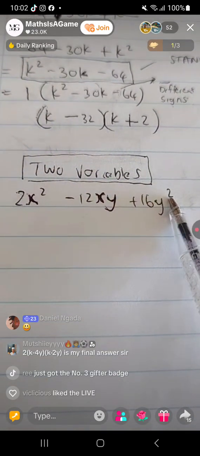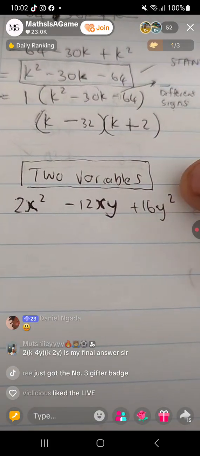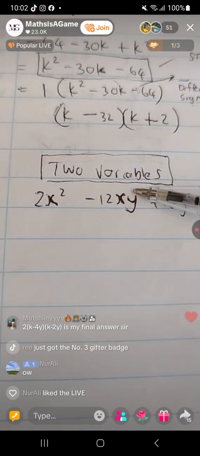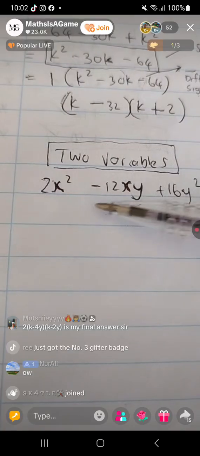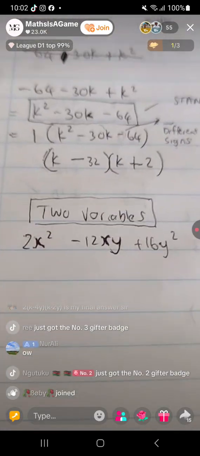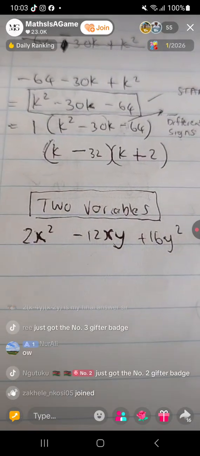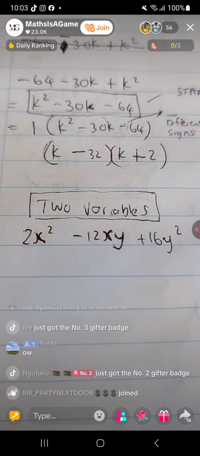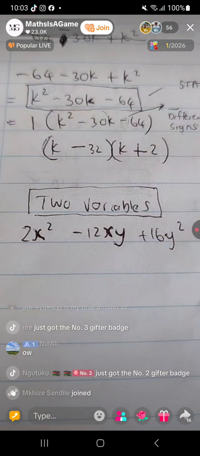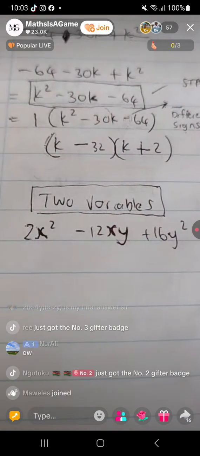The only thing that they have done is that they have added an additional letter, which is a perfect square, and they've ensured that that additional letter is also featuring in the middle term, not just the x alone, but the y as well. So when you have a scenario like this, we are still dealing with a quadratic trinomial. It's just that there's that added letter. It requires us to be a little bit more cautious of what we are doing, but we are still dealing with a quadratic trinomial.